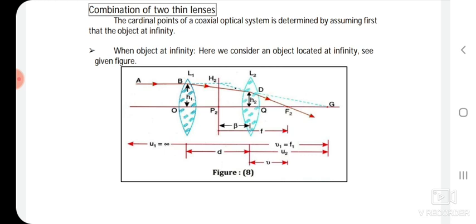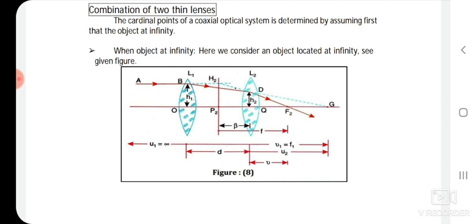AB is a ray of light coming from an object situated at a very large distance such that u1 is equal to infinity.